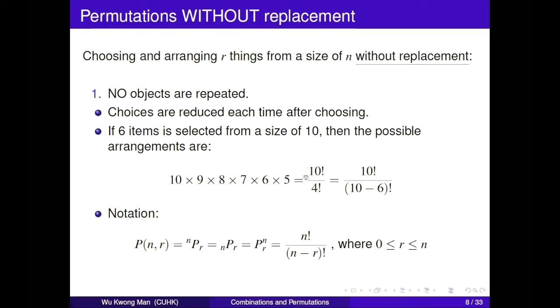Therefore, the possible arrangements are 10 times 9 times 8 times 7 times 6 times 5, which is 10 factorial over 4 factorial. So the equation for permutation comes out as n factorial over n minus r factorial, and there are 4 notations for permutation.